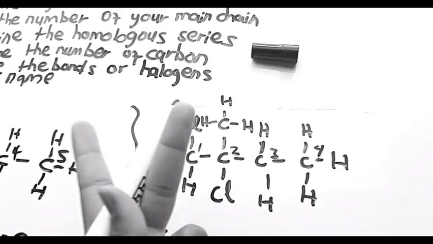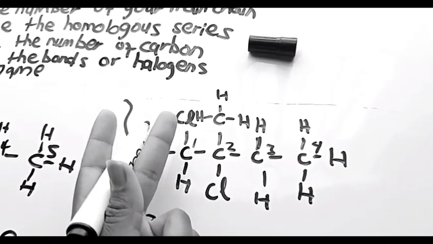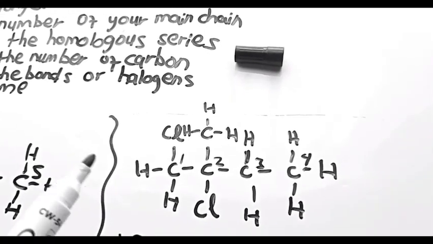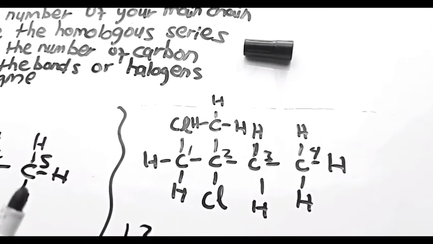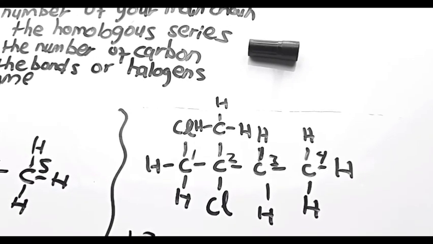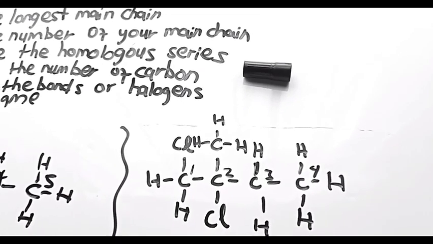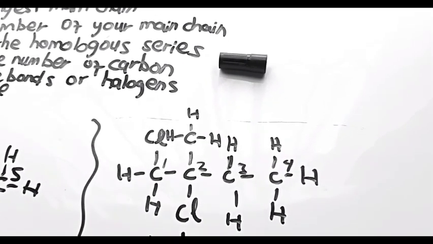But we have two of the same halogen. This rule also applies to the halogens. We have two of the same halogen. It means we are going to have dichloro, 1,2 dichloro, right?